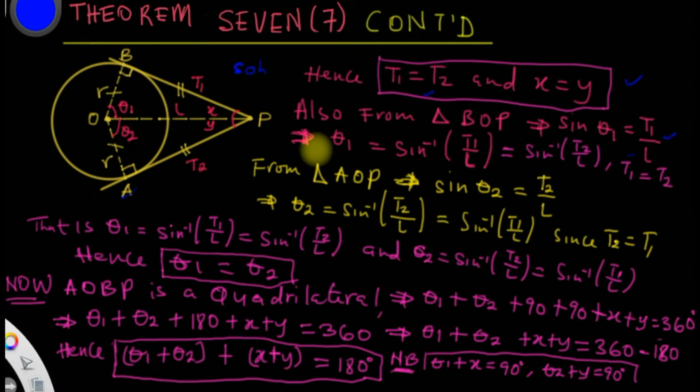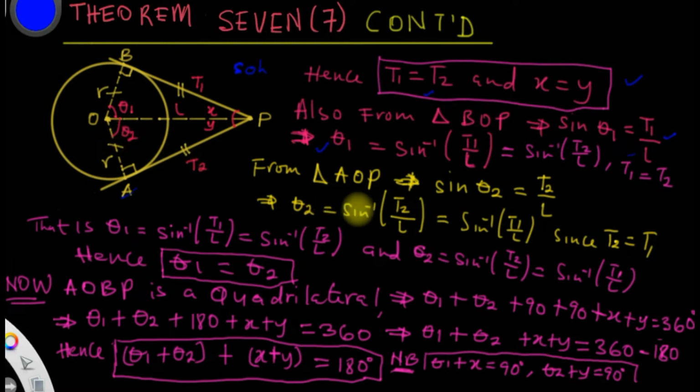And then from triangle AOP, we are looking at sin theta 2. The opposite side, the side of the triangle facing the angle theta 2, is T2.